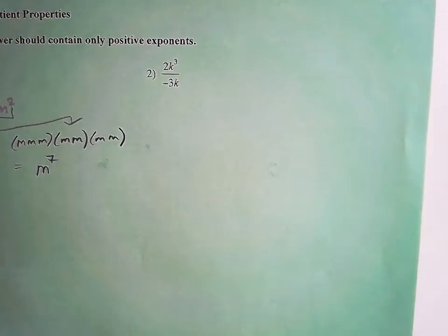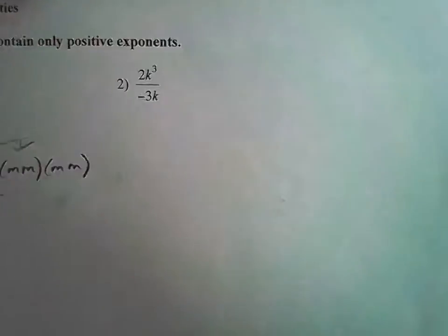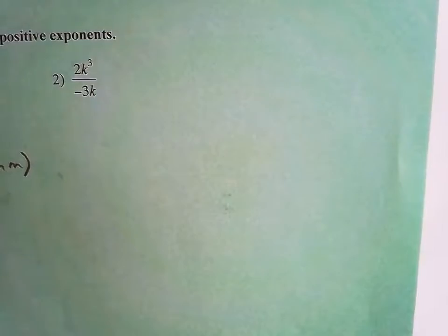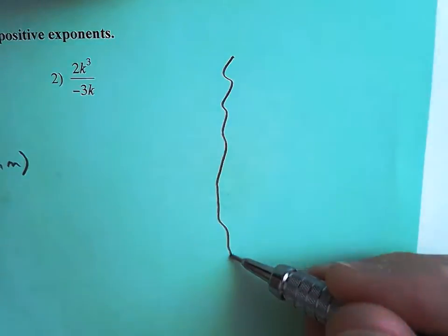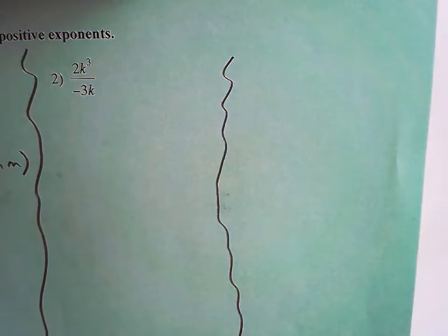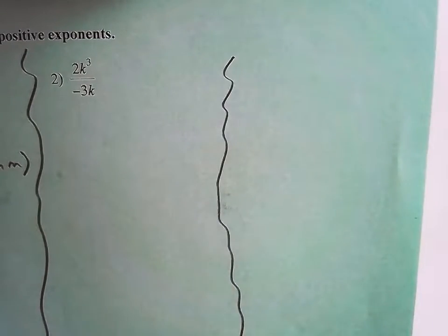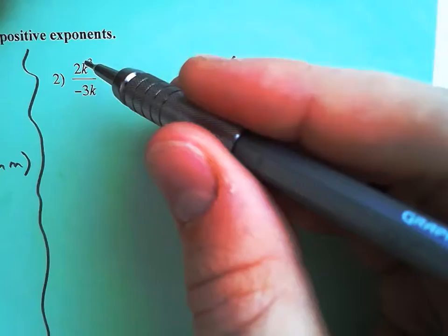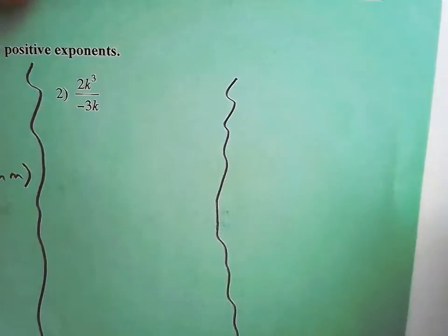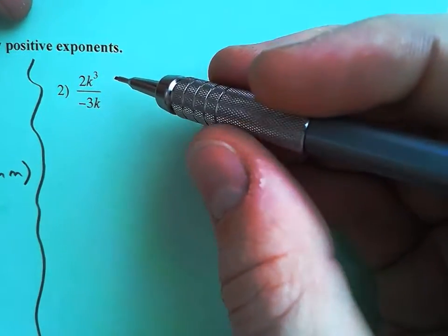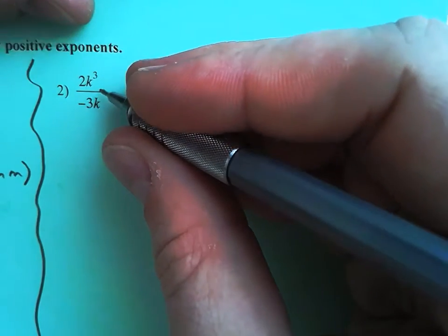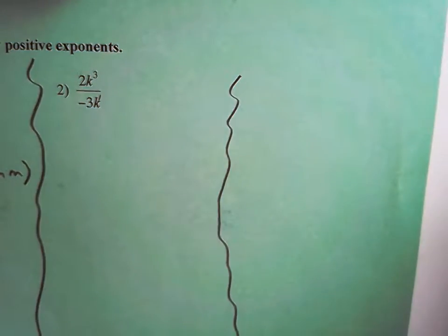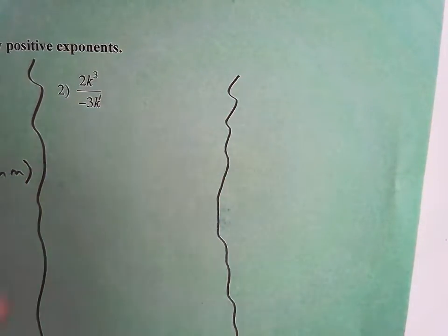Okay, this one, we're going to have to use the quotient property. I'm going to show you 2 ways to do it. First way is we're just going to straight out apply the quotient property, and we have to first remember that k is k to the first.